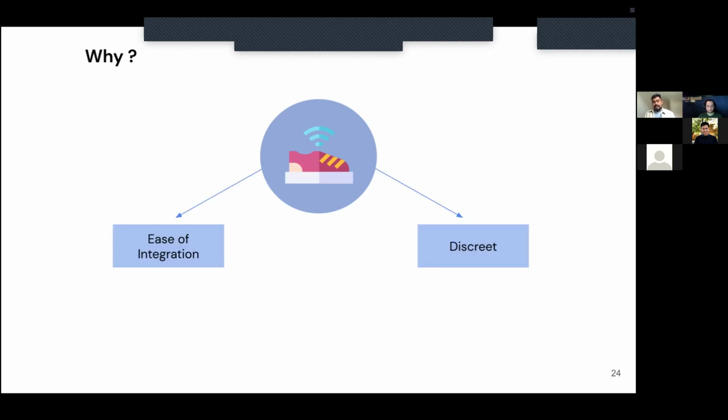We can see that ease of integration and discreteness can be the two main reasons they used a shoe to integrate the electronics in this scenario. And most importantly, they are always available.